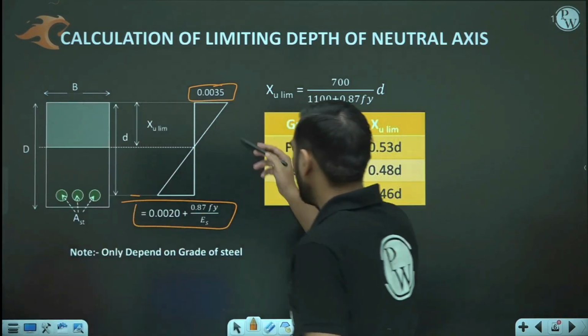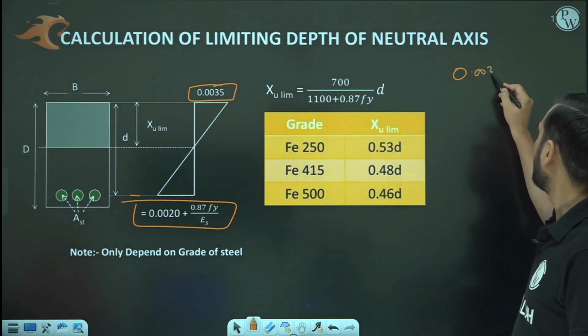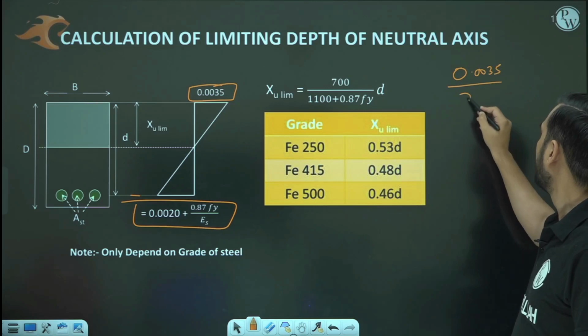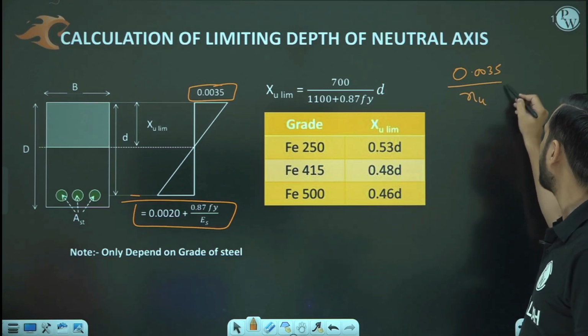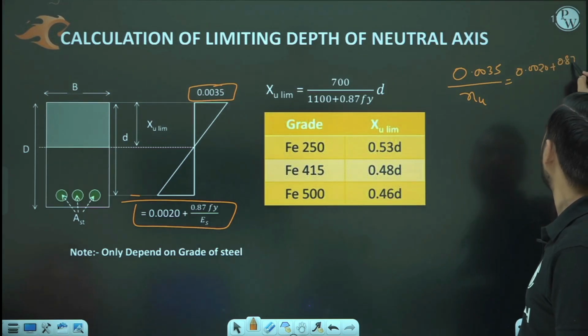Using the concept of similar triangles, we can write 0.0035 upon Xu is equal to (0.002 plus 0.87 Fy upon Es) divided by (d minus Xu).